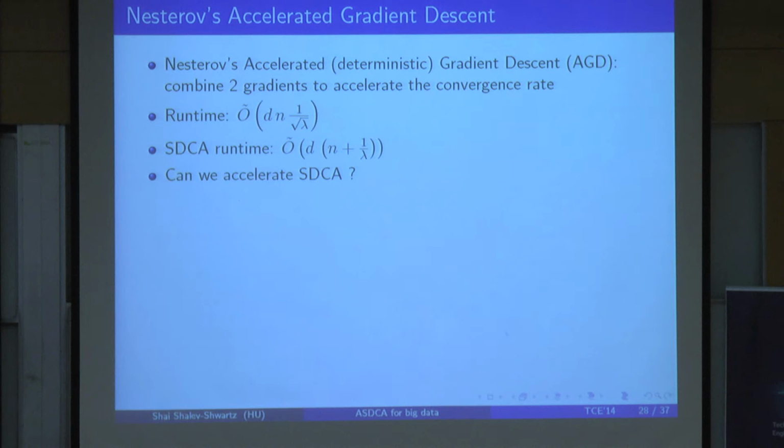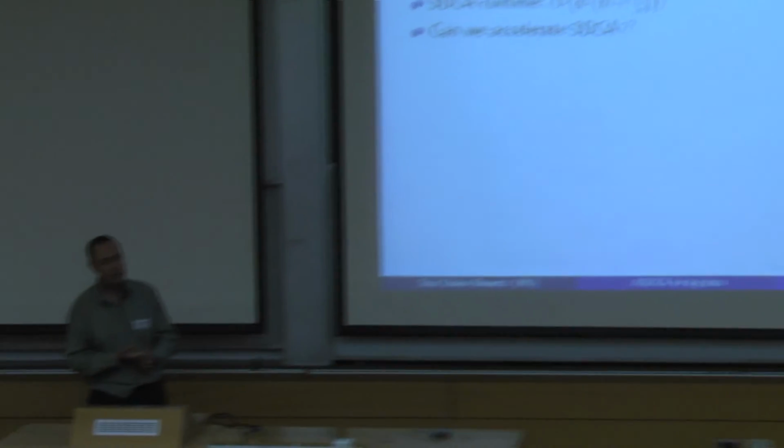Okay, so now if you compare accelerated gradient descent and SDCA, it's not comparable. It depends on the relationship between lambda and n. If lambda is very, very small, then accelerated gradient descent will be better than stochastic dual coordinate ascent. So the natural question is, maybe we can do the same trick. Maybe we can accelerate stochastic dual coordinate ascent.